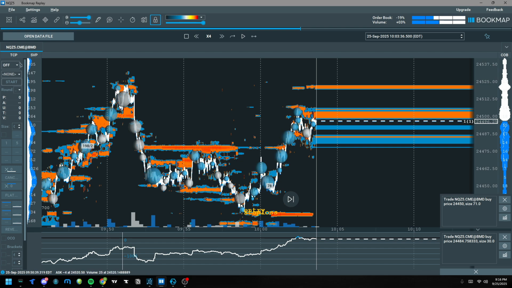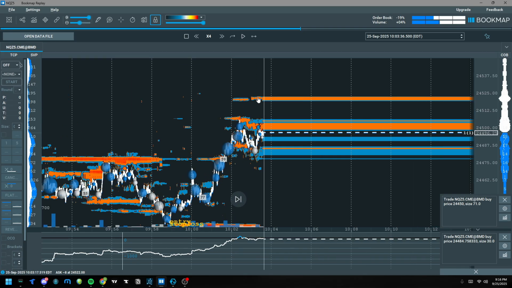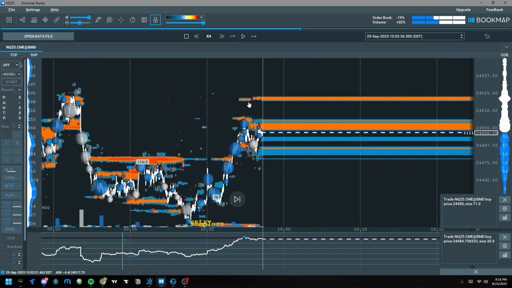As you can see, at that same level, orders start building up again. Now, what could you expect in a situation like this? You could expect these passive sellers to absorb these aggressive buyers, or you could expect buying pressure being strong enough that it could just push through. Or there's a chance that there's some rejection off of this.